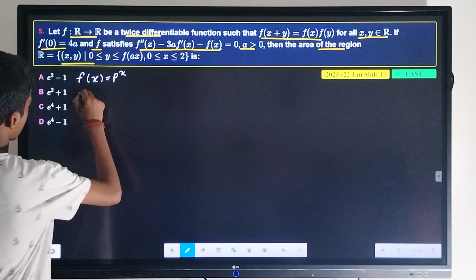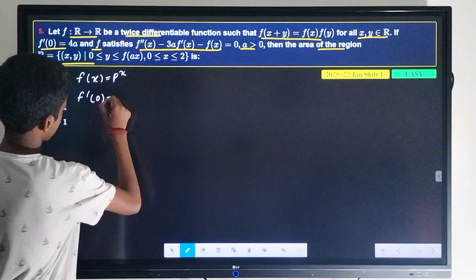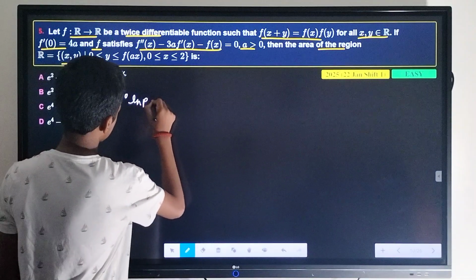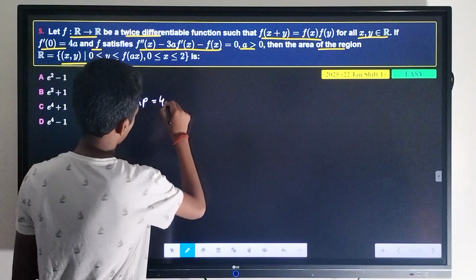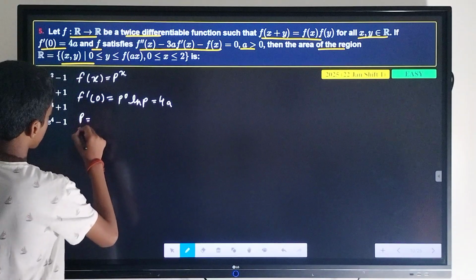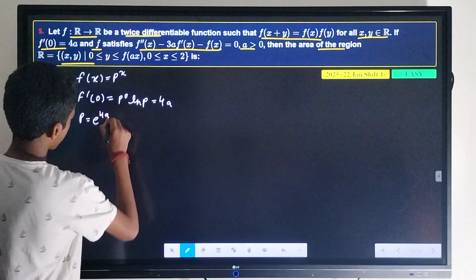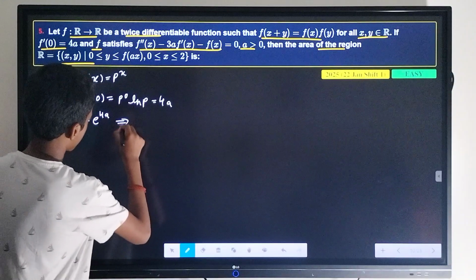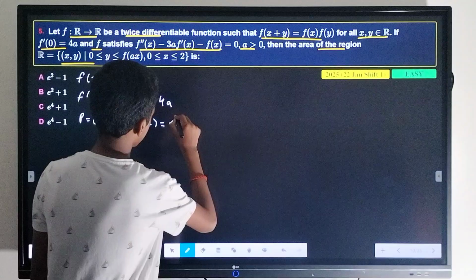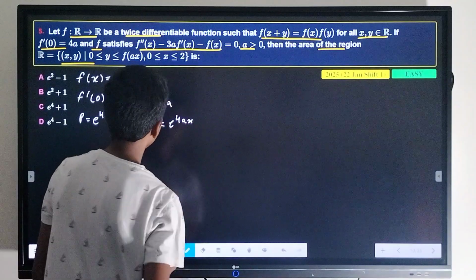So from here f dash 0 is equal to p raised to power 0 ln p is equal to 4a. So from here p is equal to e raised to power 4a. From here our f of x is equal to e raised to power 4ax.